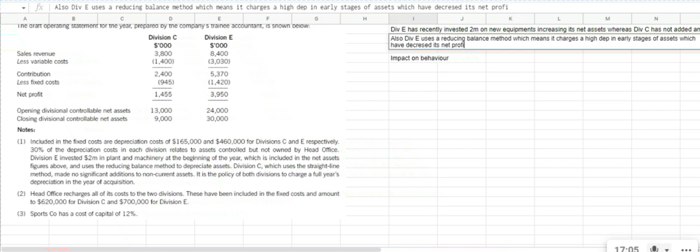We know that depreciation is a cost which is included in the profit and loss statement. So if they're using the reducing balance method and they've invested 2 million in new equipment, this is definitely going to have an impact on the net profit.